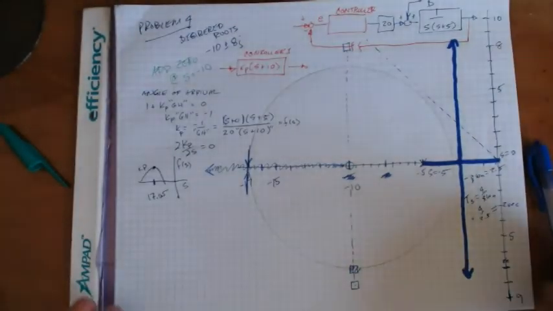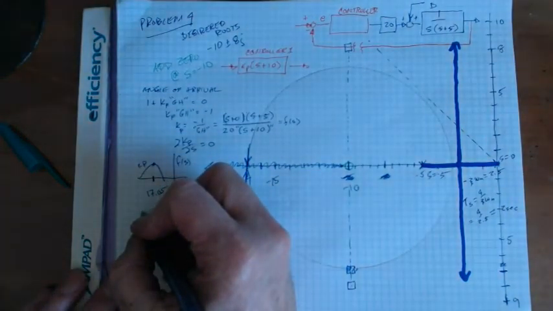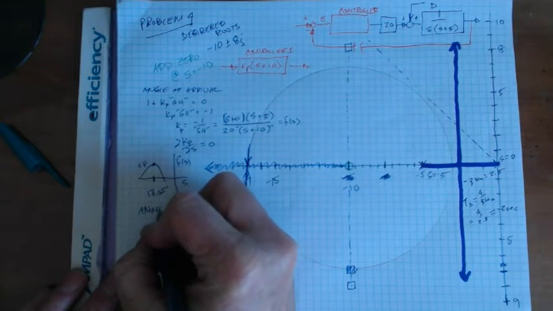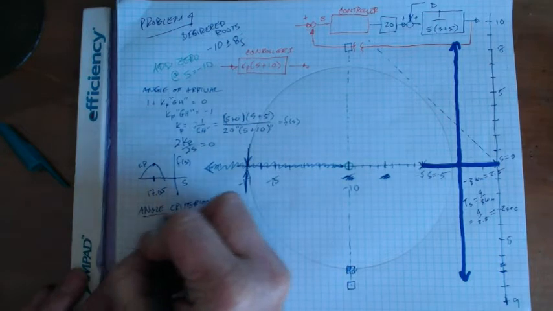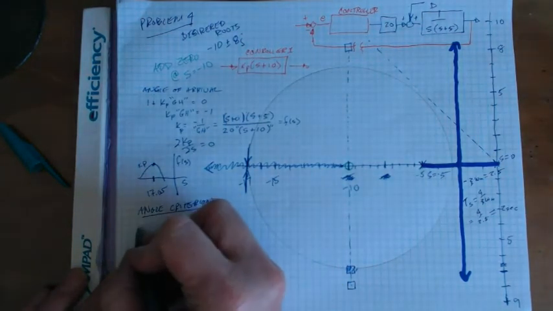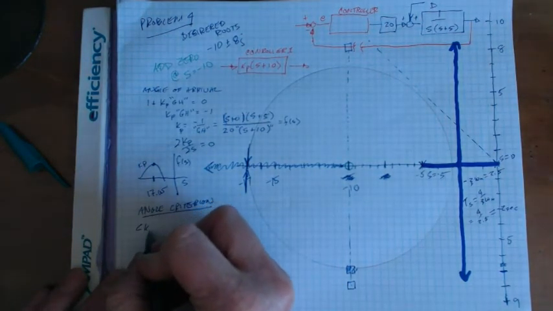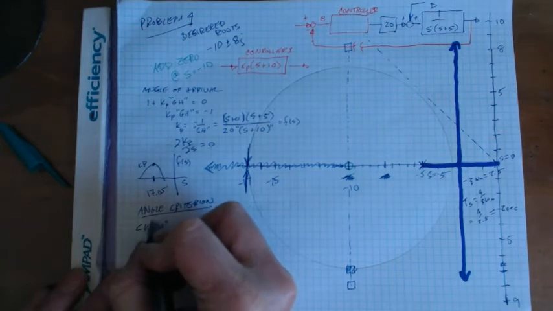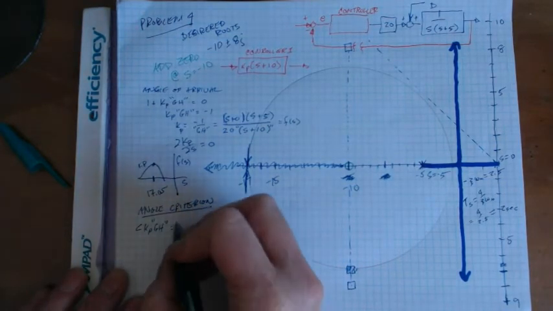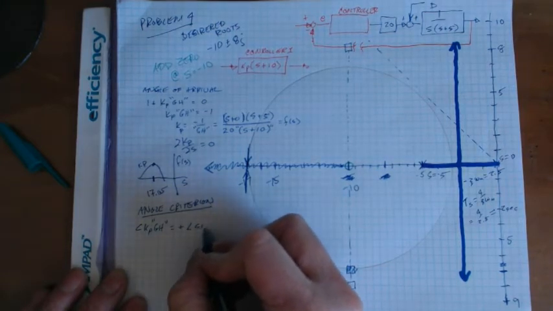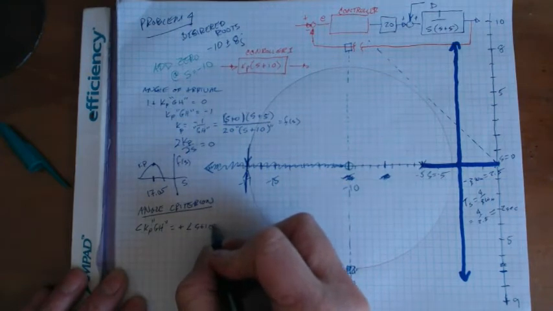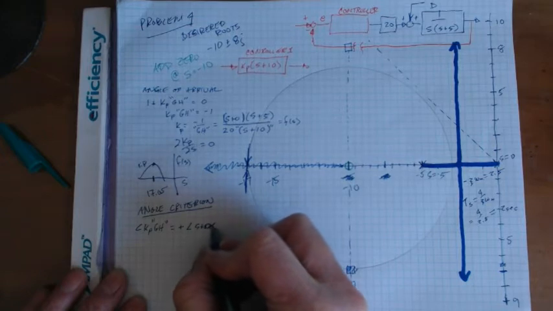And so what I could do is I'm just going to use the angle criterion. I'm going to say that the angle of KPGH, I'll use that still, has got to be minus the angle of S plus 10, or S plus, let's call that alpha, because we don't know what it is, right?